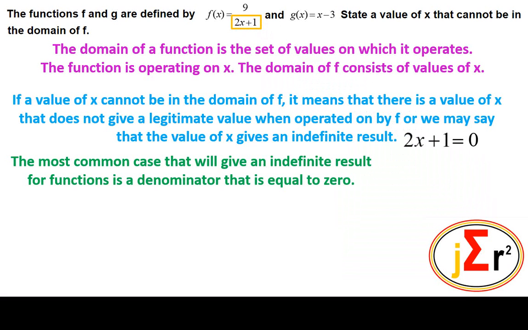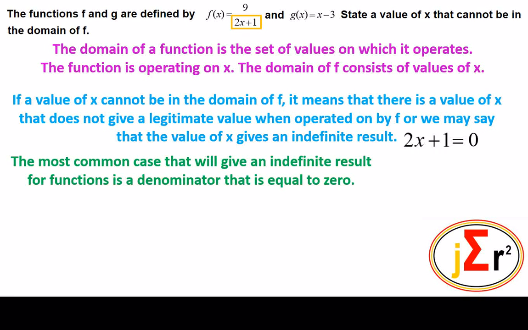As we said before, the most common case that will give an indefinite result for functions is a denominator that is equal to 0. Because we have a variable denominator, a possible value of the denominator is 0.